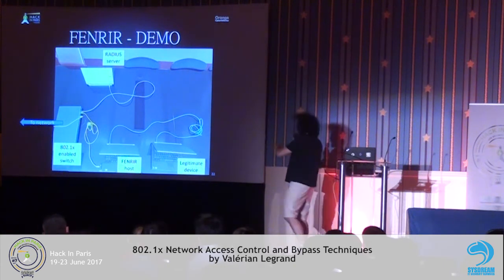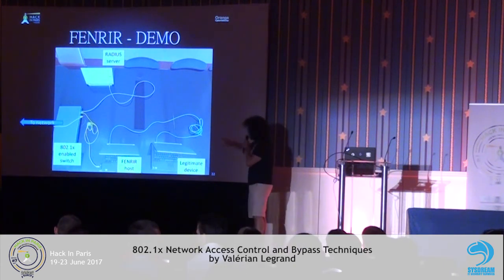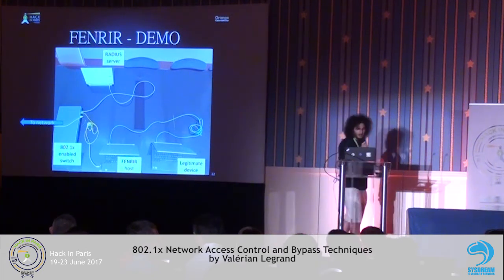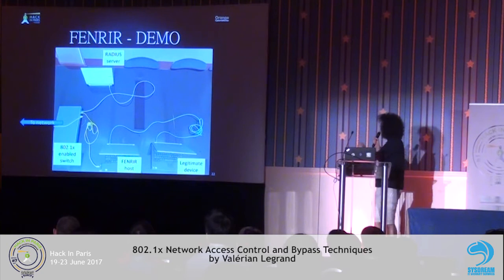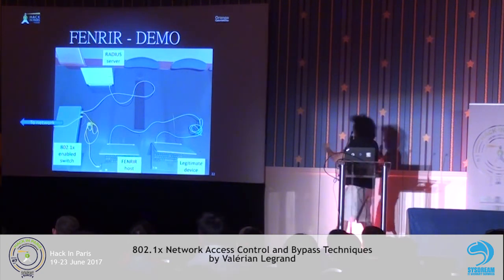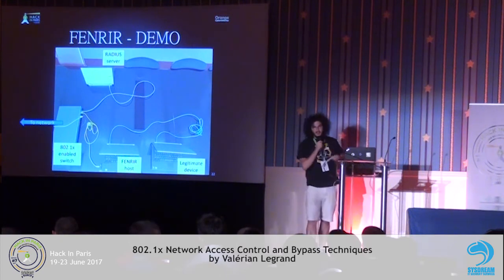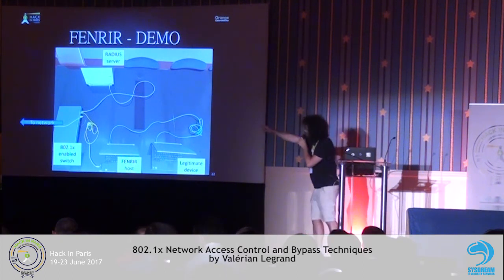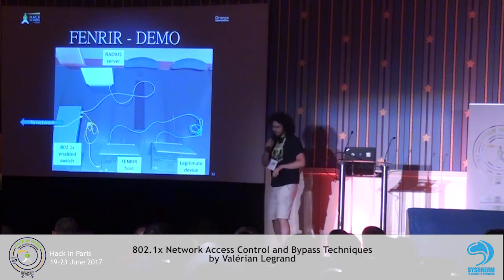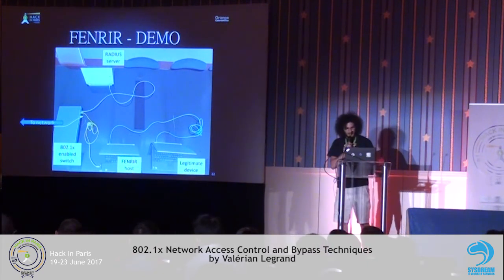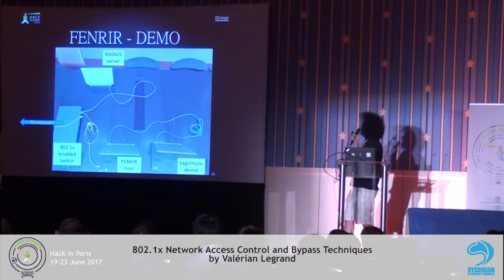But you can also see in this picture that we have the legitimate device, the switch with 802.1x enabled, the authentication server, which is a RADIUS server, and the attacker's machine running Fenrir is between the legitimate device and the switch. We also have a white Ethernet cable going to the left for the network. But the camera was really bad, so we don't have it.